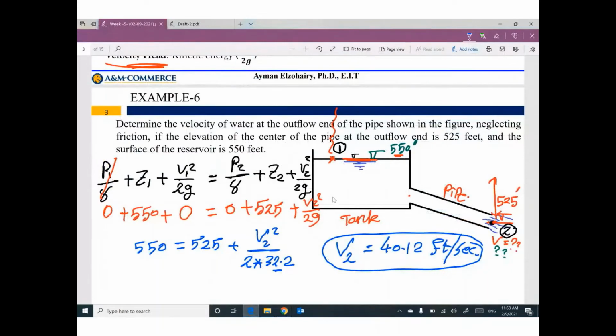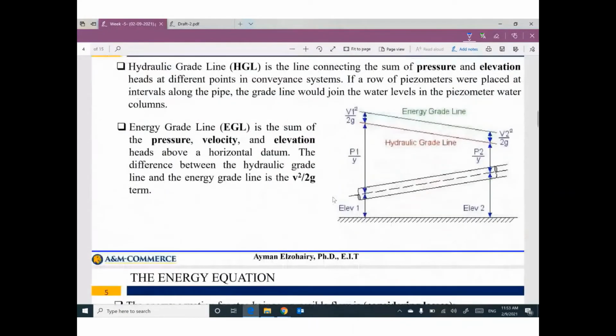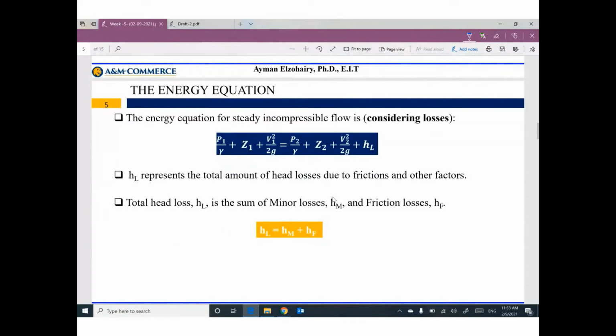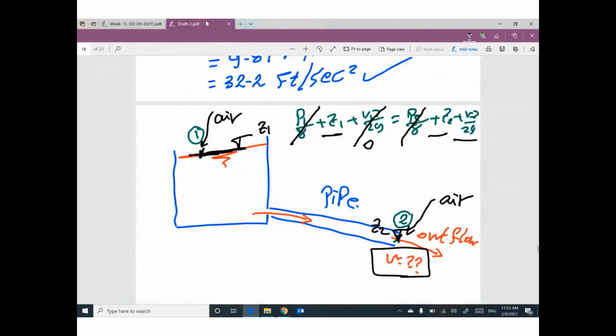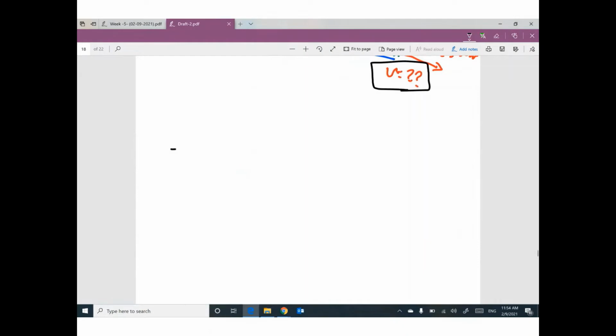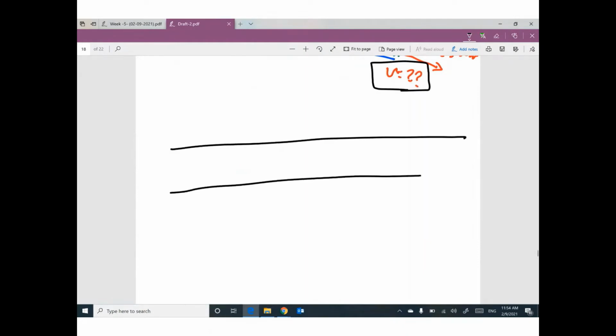Okay. But I would like to be honest with you. Do you think if we have a pipe between two cities, like Commerce and Dallas or Greenville and Dallas, the energy at this location will be the same as the energy at this location?